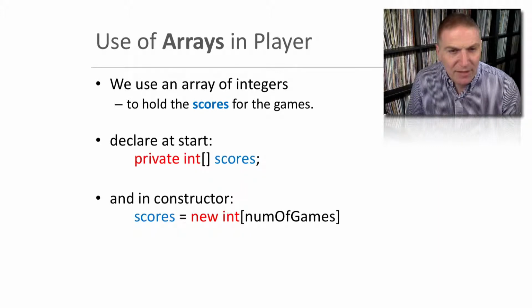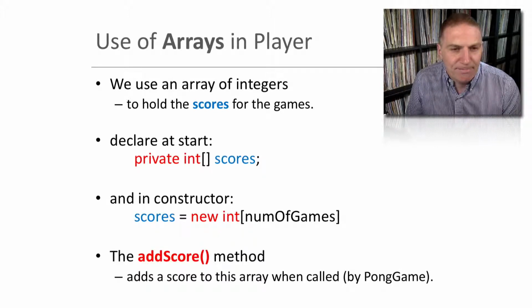So if we're going to play 5 games, we'll need to store 5 scores. So num of games is the size of the array. New is going to call the constructor, creating a new integer array, allocating enough space for 5, and that's going to be referenced by the variable scores.